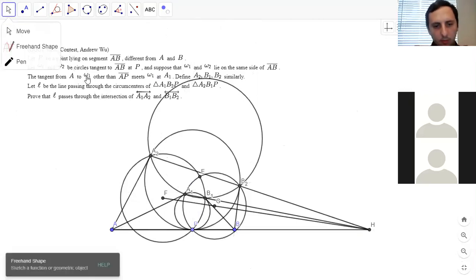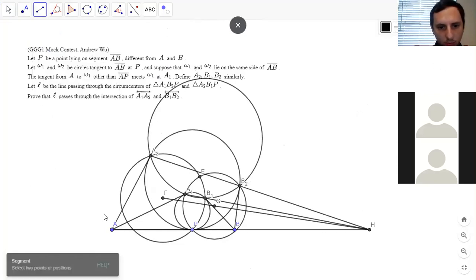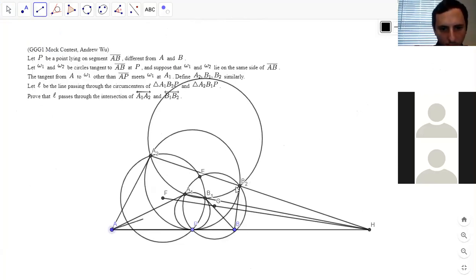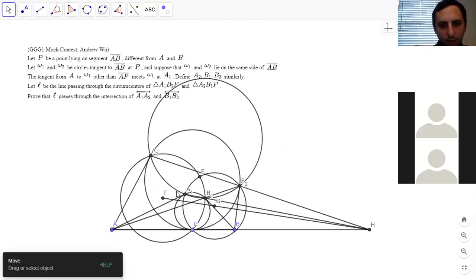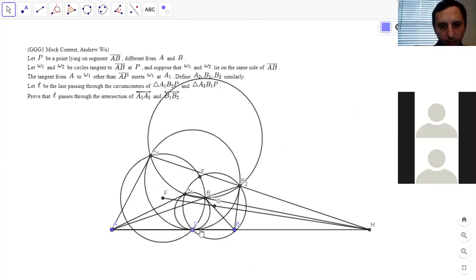Wait, that's not true that A, B1, and B2 are collinear. That must just be a coincidence. Oops.